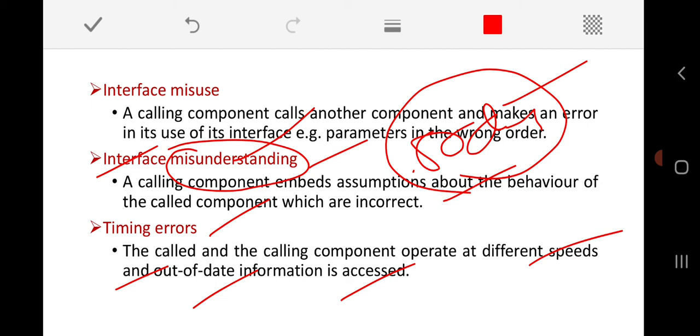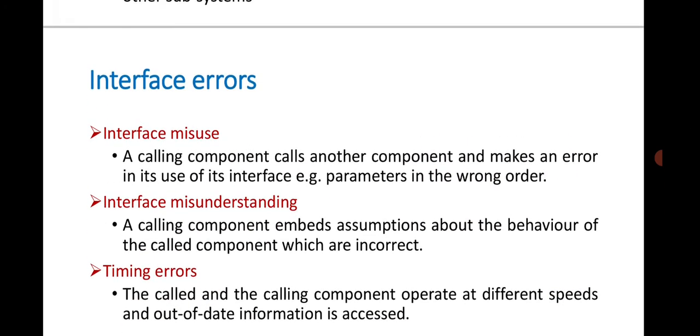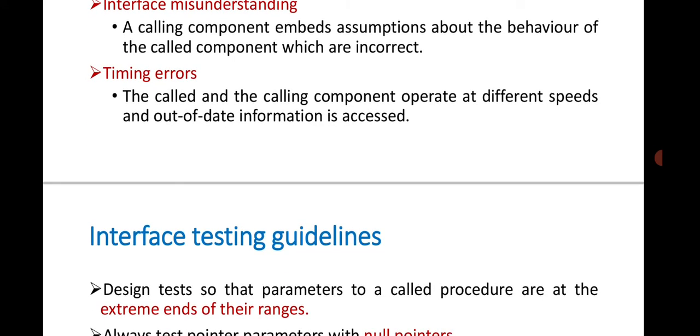So we need to take care that the timing synchronization is always maintained properly. Otherwise, such components are going to suffer from timing errors, which is also a type of interface error. So this is all about the different types of interface errors that we can identify during interface testing.